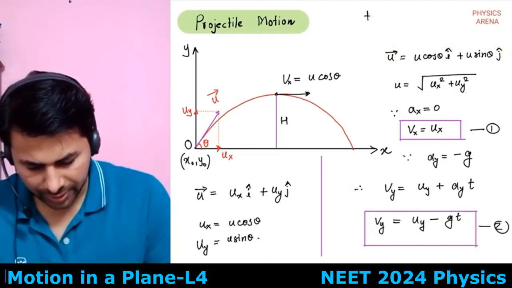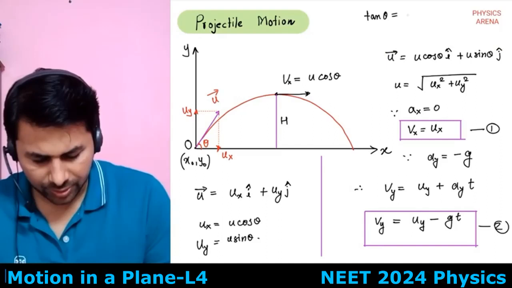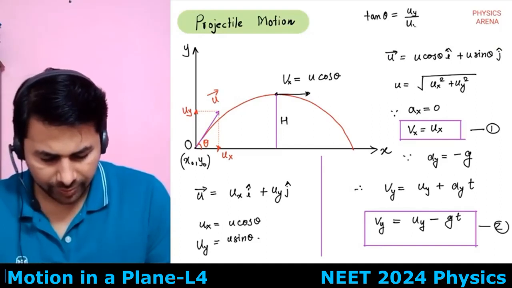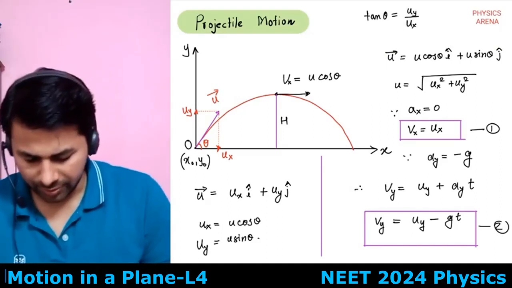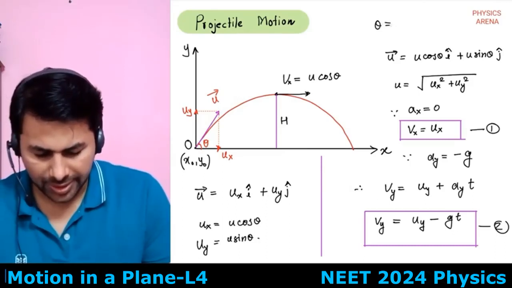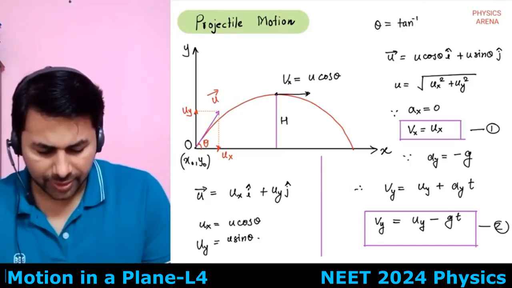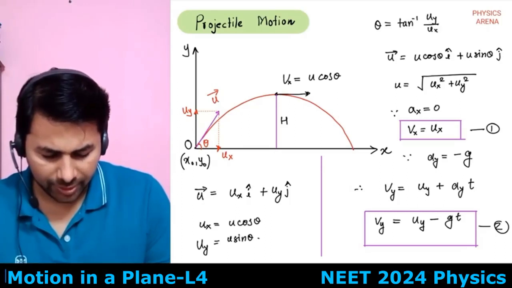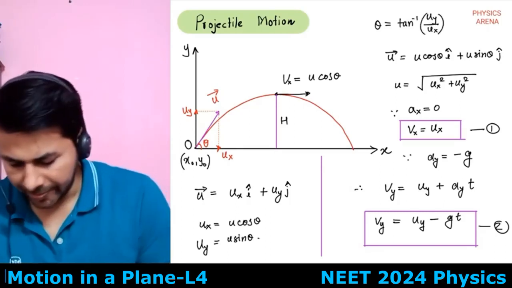So I will write it here: tan theta equals uy upon ux. So if you want theta only, it will be tan inverse of uy divided by ux. So theta equals tan inverse of uy upon ux.